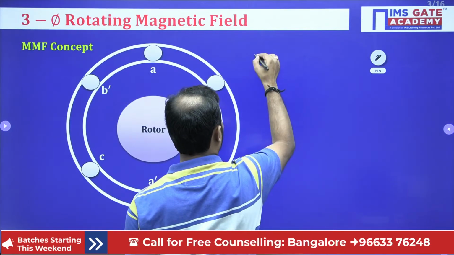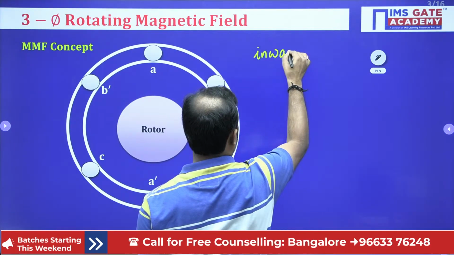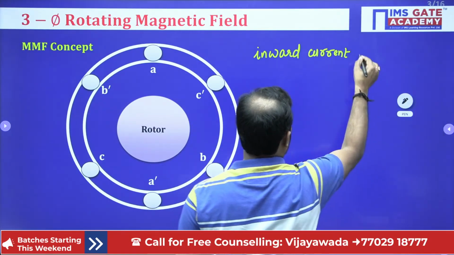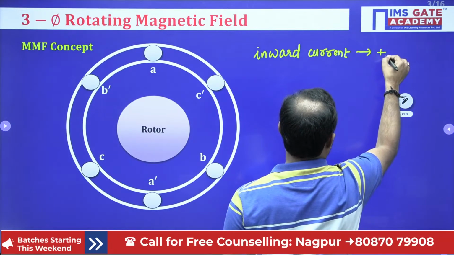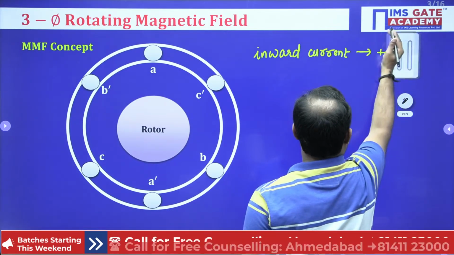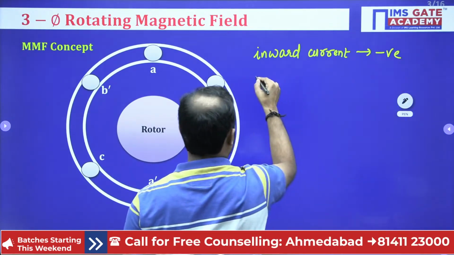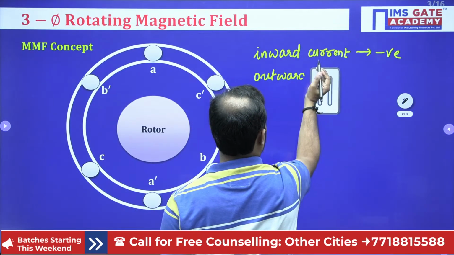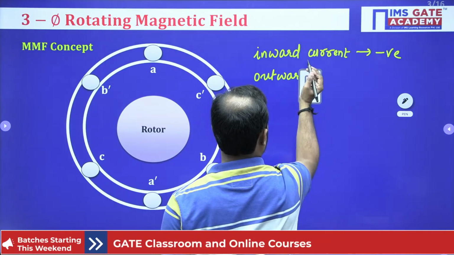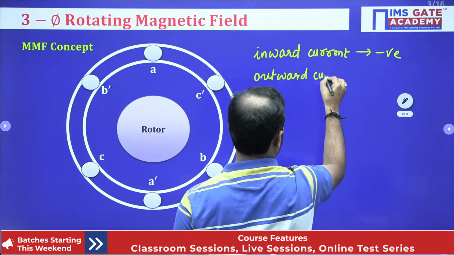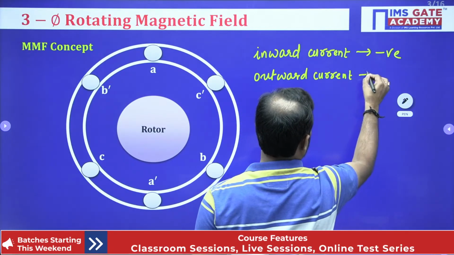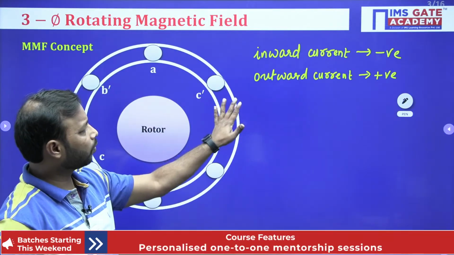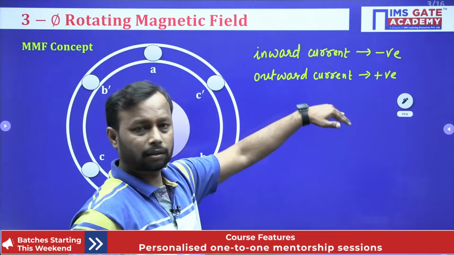So I will take inward current as negative, and the outward current, outward from the board, as positive. So the current outward from the board and inward to the board I have taken as positive and negative respectively.